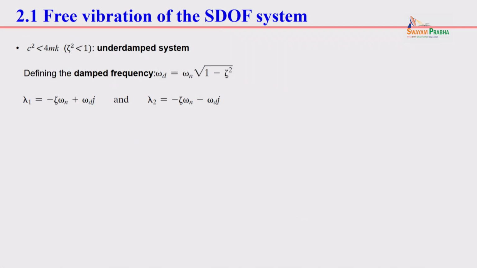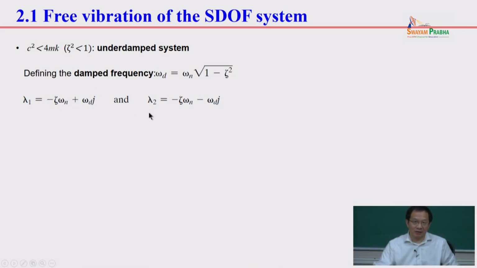Okay, so now we have more interest in the under damped case. Here we have the natural frequency, and we have the damped natural frequency. The damped natural frequency is omega times the square root of 1 minus zeta squared, right? Once we define the damped natural frequency, you can write lambda 1, lambda 2, the eigenvalues, in this way.